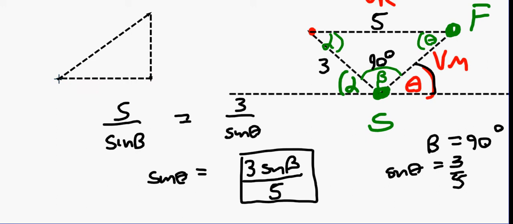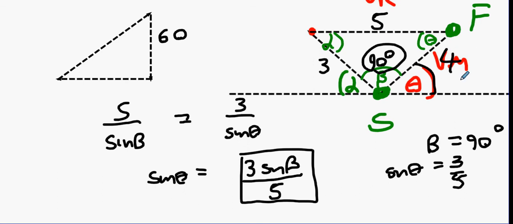We know that you go 60 across the stream, don't you? Everybody cool with that? Now, I could do with finding out what Vm is, couldn't I? Velocity of the man. So if I know this is 90 degrees, what type of triangle is that? So what does that make Vm? It makes it 4.